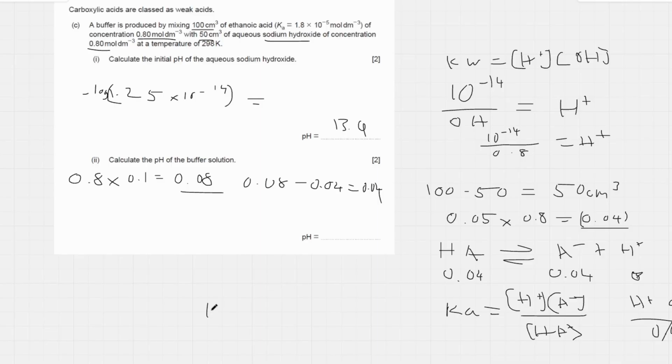So we're just left with Ka equals H plus, and the Ka is 1.8 times 10 to the minus 5, and we just do minus log of this value to give us a pH, and this is just 4.7.